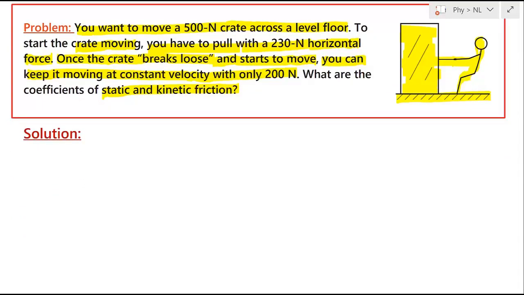So what are the things that are given? We have been given the weight of the crate, that is 500 Newton, and we have been given the force. There are two forces. In one situation it just breaks loose. In that case the force is equal to 230 Newton. Let's call this F1.